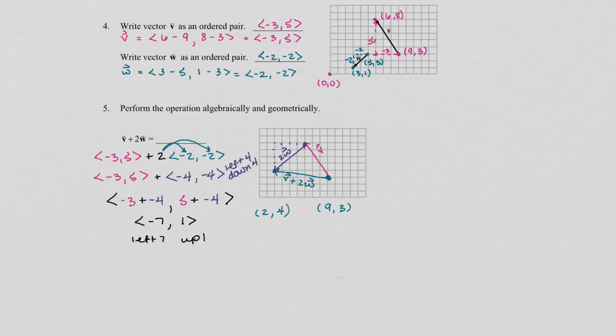And so, from start to end, v plus 2w goes left 7 and up 1. And that's right there. Left 7 and up 1. So vector v plus 2 times vector w is negative 7, 1. And again, we can do that algebraically, but we can also do it with the graphs here.